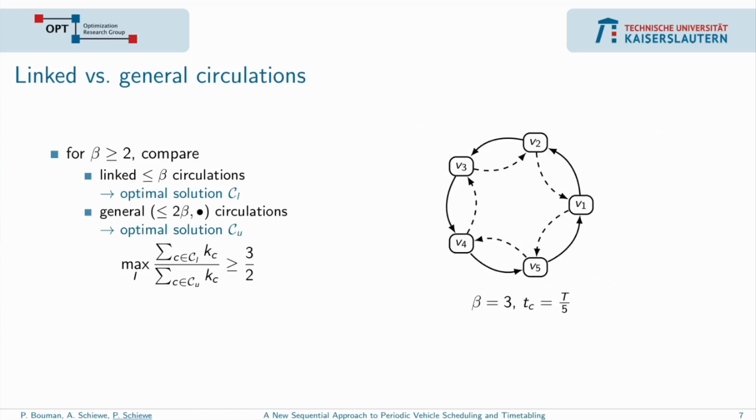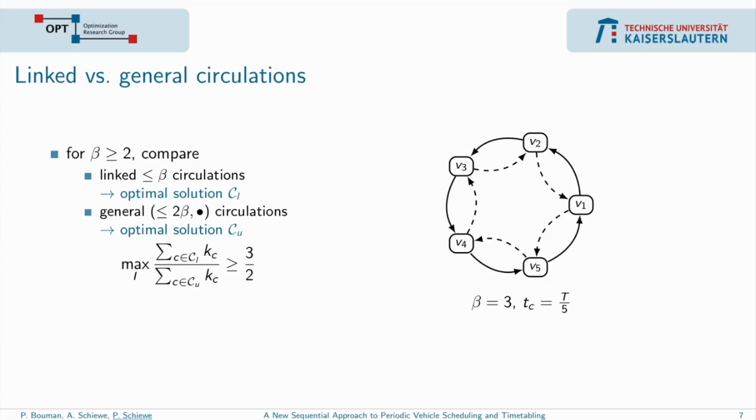And this is the case if we have cycles of odd lengths. So if we have, for example, in this case, 5 lines, but we are only allowing linked circulations of up to 3 unique lines.